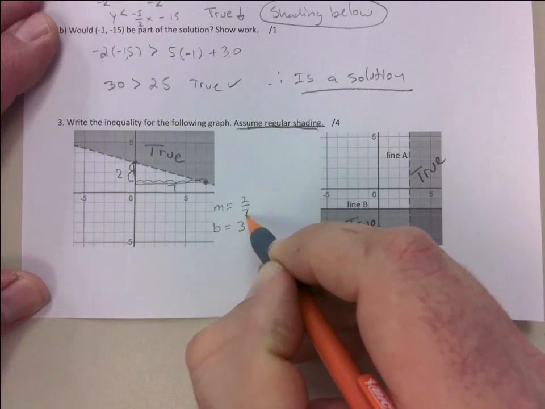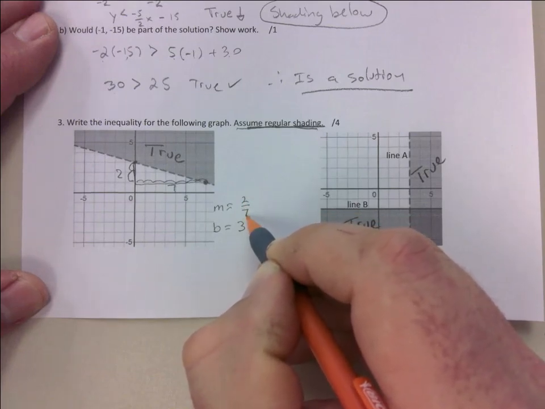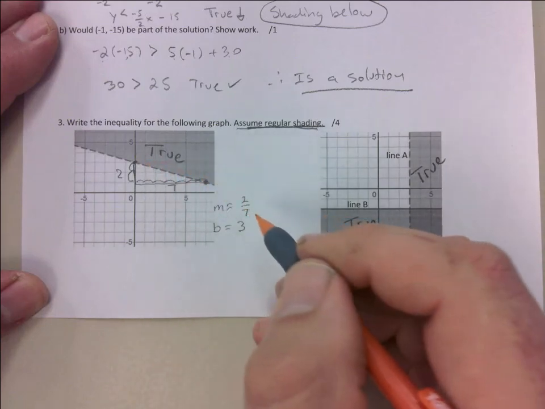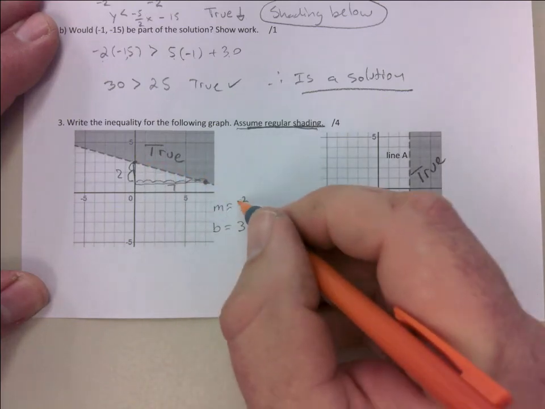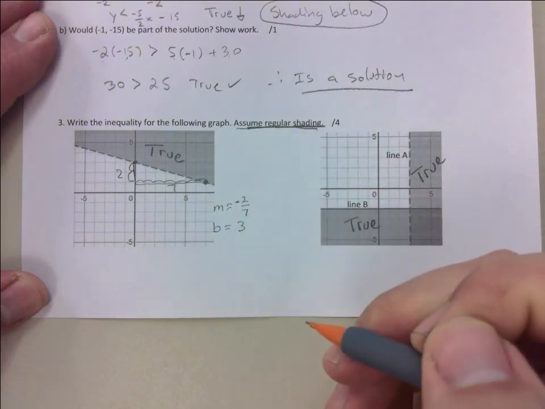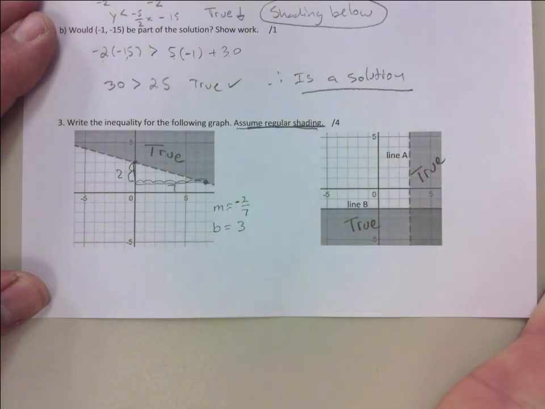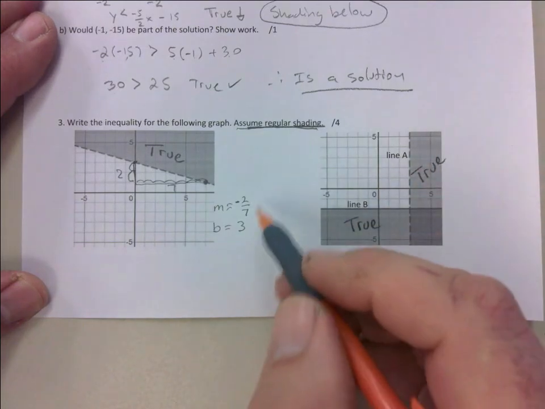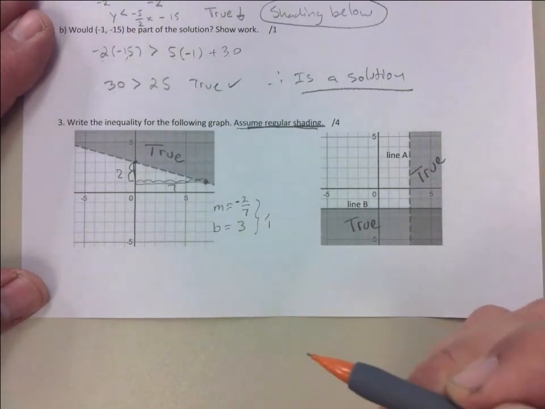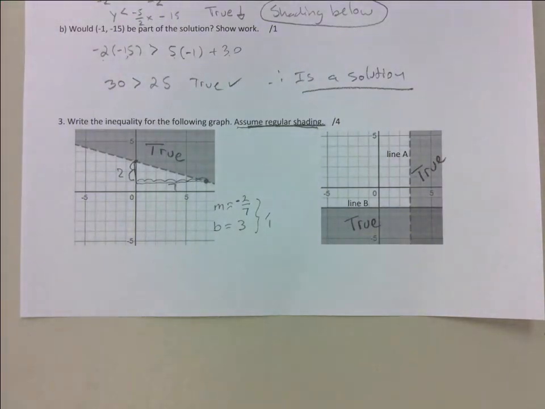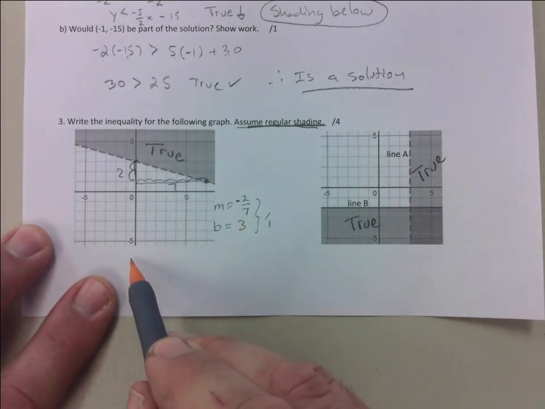And before you move on, you ask yourself, which way is it going from left to right? It's going down. So you have to add a negative there. No matter what, that's a negative slope. Okay? I'm going to give you 1 mark for determining this. Either it's already in the inequality or you did it on the side.